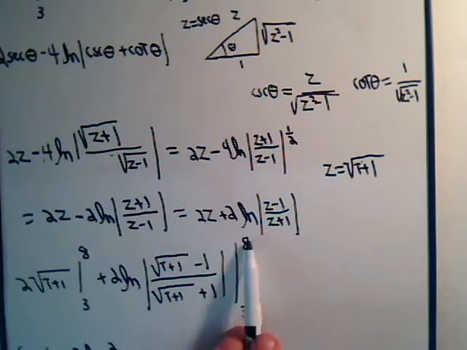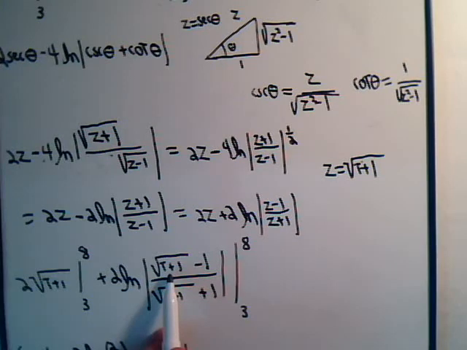Divided by 3 plus 1 is 4. And we'll have minus 2 times the natural log. T is equal to 3 now. 3 plus 1 is 4. Square root of 4 is 2. Minus 1 is 1. And this is 2 plus 1 is 3.